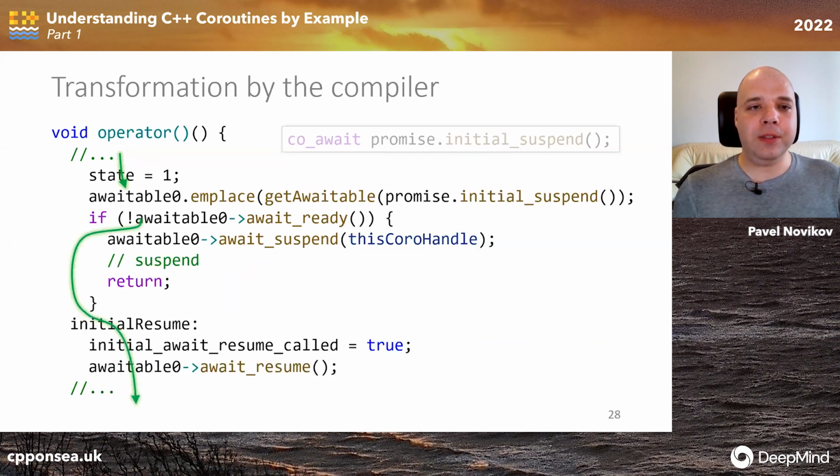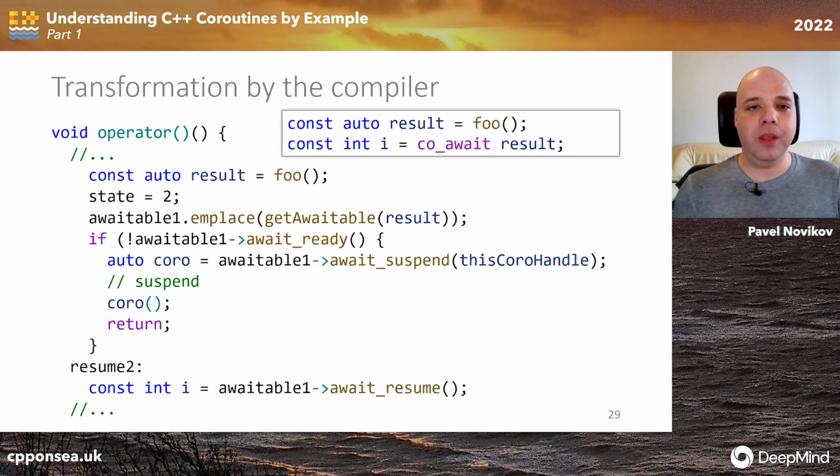So in this case, since the result is ready, when we ask for it, we just skip the suspension and get straight to the initial resume label and call await resume to get the value that might have been in the awaitable object.